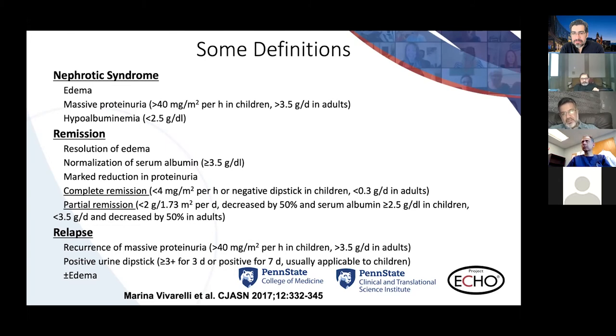So for a 30 kg child, 1 gram in a day will make them nephrotic, and for a 15 kg child, it's only 500 milligrams in a day. So it's not 3.5 gram like an adult. Some 2+ or sometimes even 1+ proteinuria can be nephrotic in a very small child.